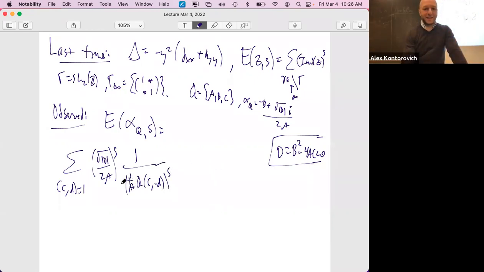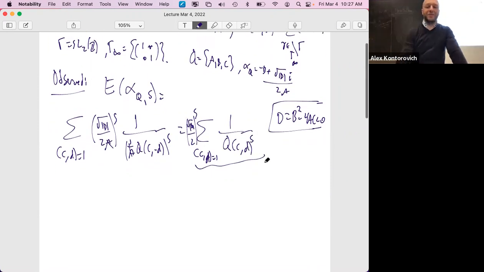The A's cancel, and the root D over 2 to the s pulls out. Then we just get this, where I can drop the minus sign. So we get this Epstein zeta function.